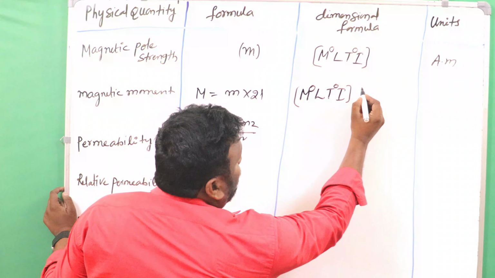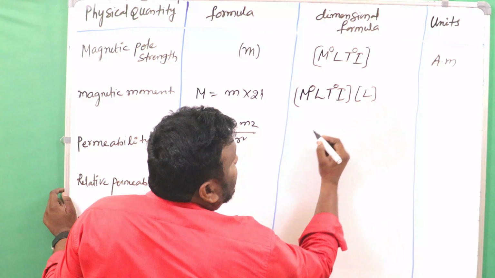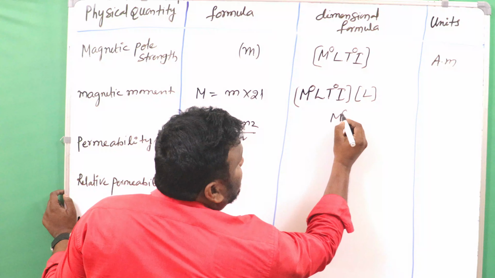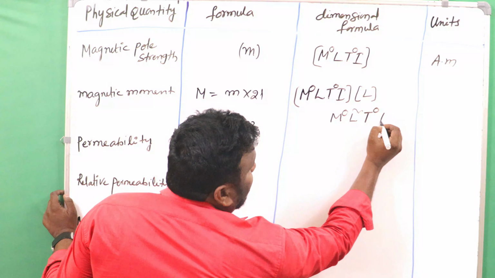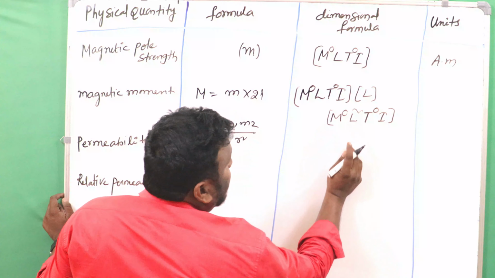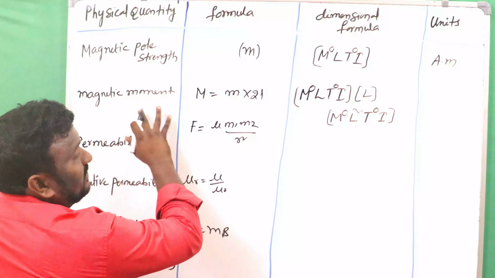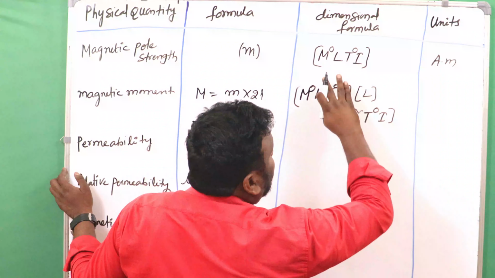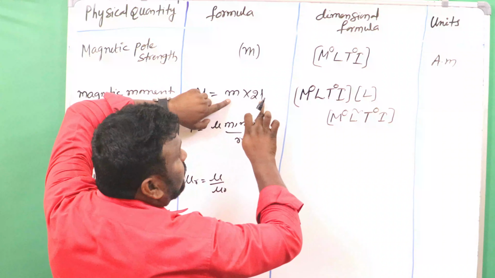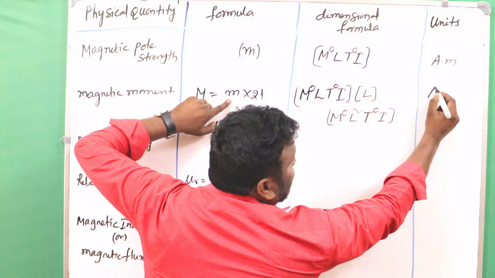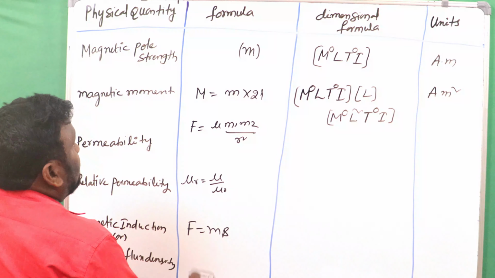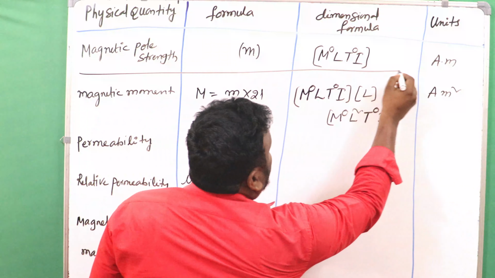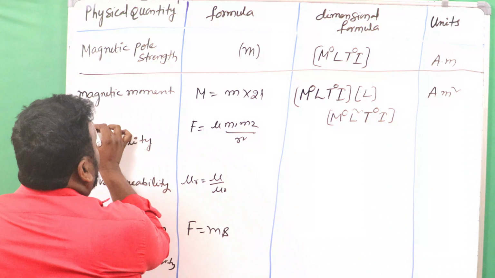And again here 2L is length, then its dimension formula is M to the power of 0, L square, T to the power of 0 and I. This is the dimension formula of magnetic moment. And obviously here it is magnetic pole strength into length, that's why the unit should be taken as ampere meter square. So that is the dimension formula and unit of the magnetic moment.